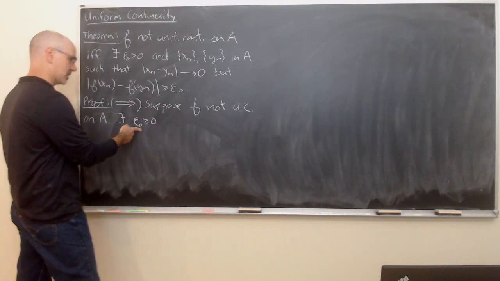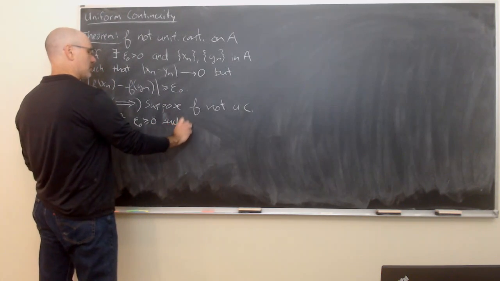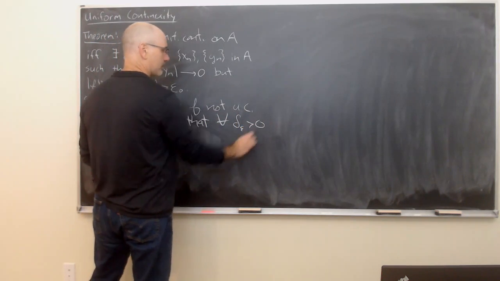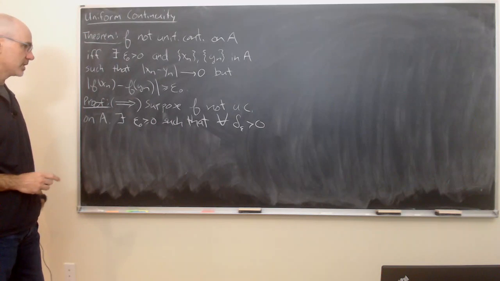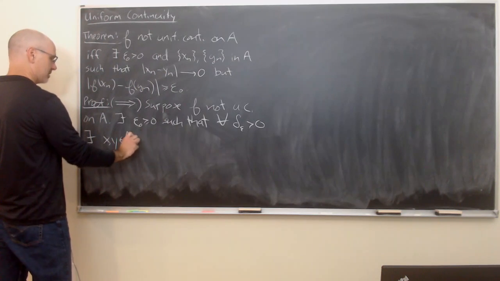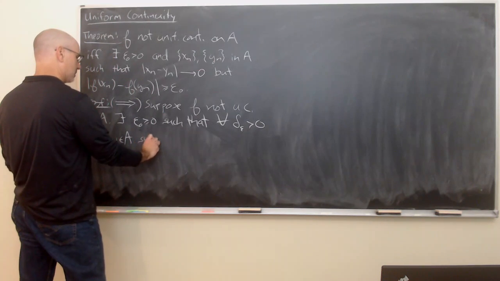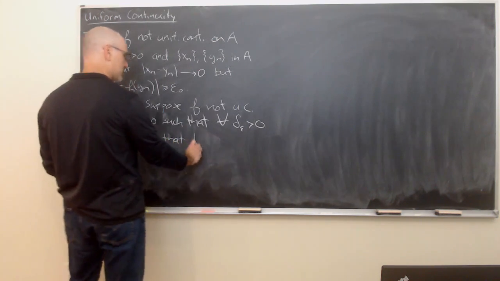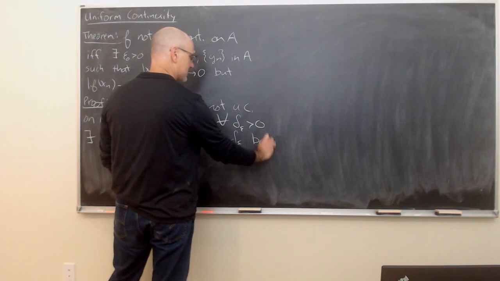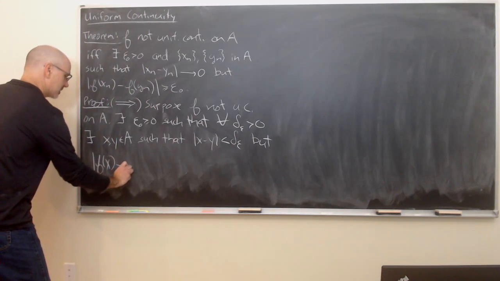And if it doesn't work, that means for every delta, we can find points x and y in A such that |x - y| is less than delta, but that doesn't imply |f(x) - f(y)| is less than epsilon.